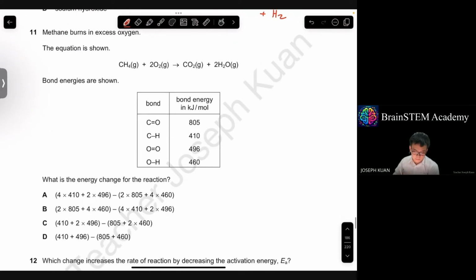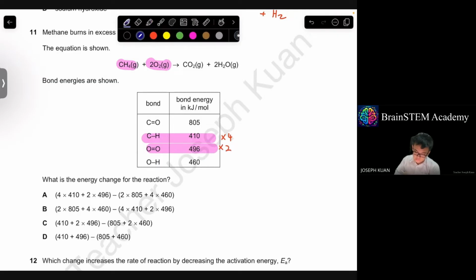Move on. Methane burns in excess oxygen. The equation is shown. Bond energies are shown. What is the energy change for the reaction? So we need to break down 4 CH bonds. We need to break down a further 2 O2 bonds. And then we need to form back 2 CO bonds.